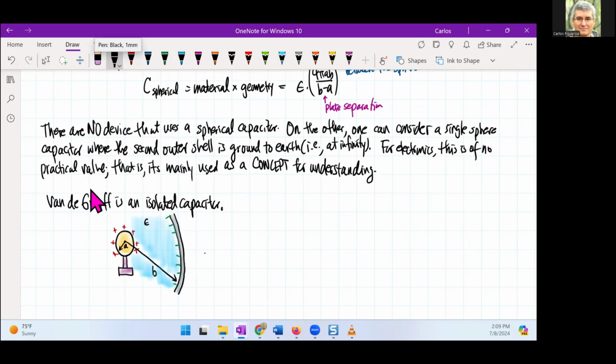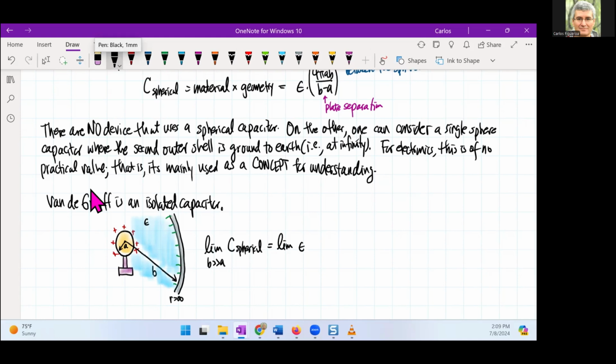Now if I look at this limit as B gets much, much bigger than A, the idea here is to set R equal to infinity for the second shell. So if I take the limit of this spherical capacitor and factor out a B term, I'm going to get something like this.